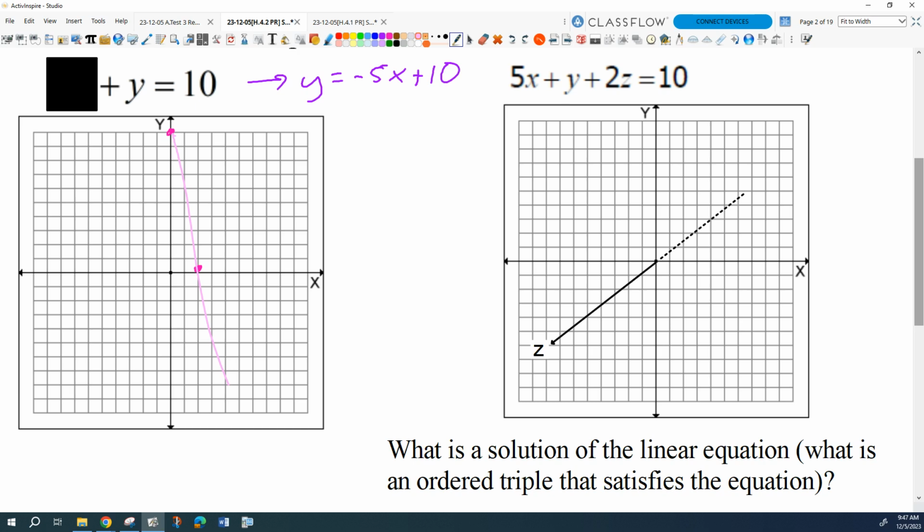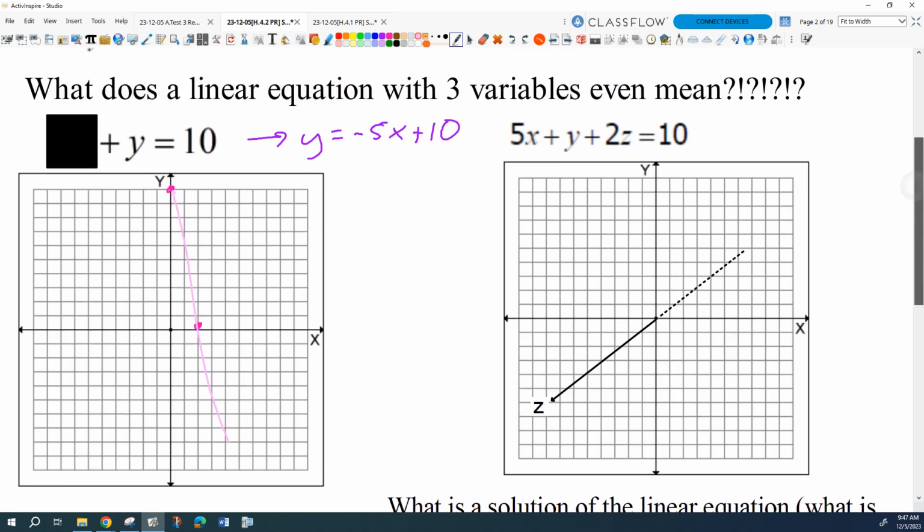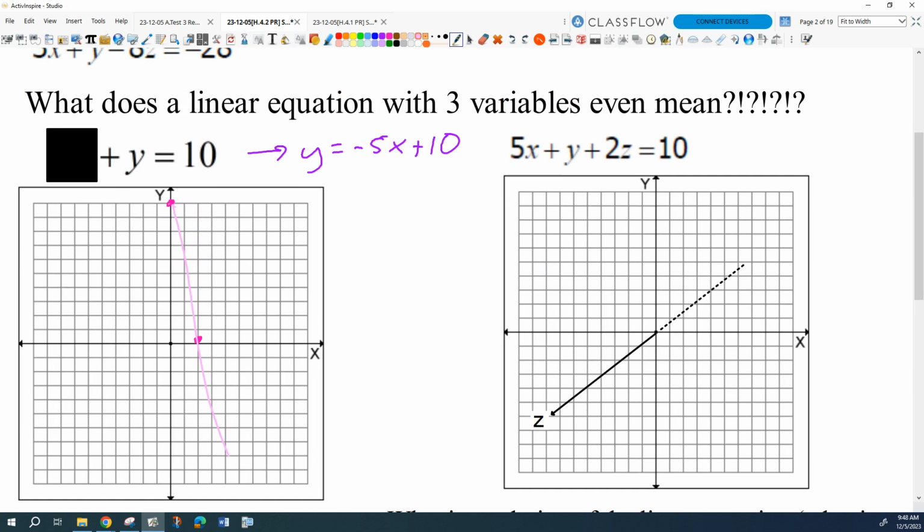The only place we have room to do that in our three-dimensional universe, to make three mutually perpendicular vectors, would be if one of them is coming straight out of the board, right? And that gets a little bit weird. So we've got to start to think about, what does a linear equation with three variables even mean? They're so hard to graph that I'm going to rely on a cheesy video to do the work for me.